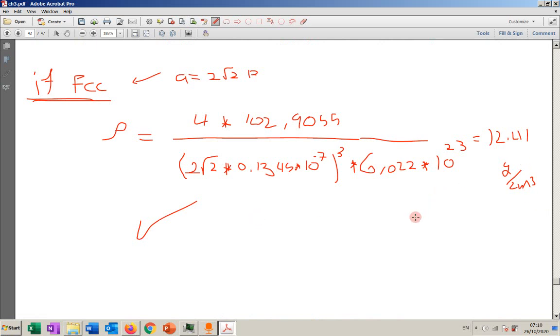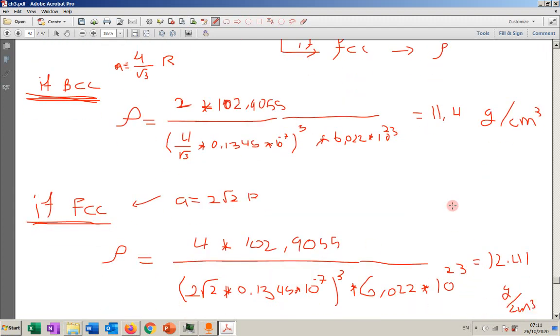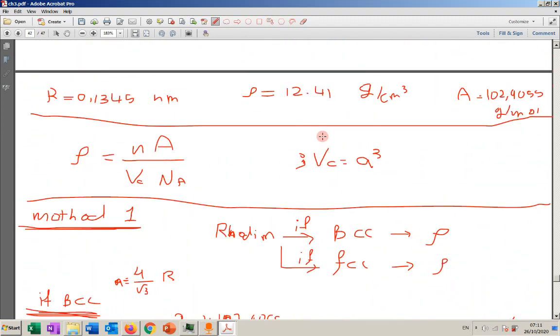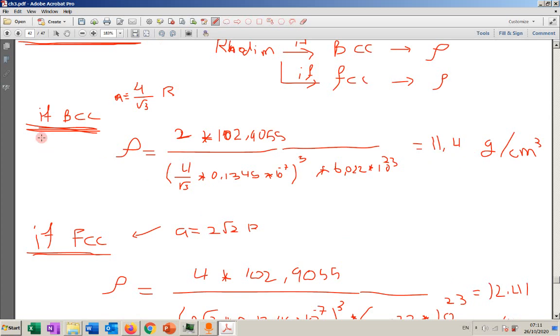This is the first method that we do. We will find density if rhodium is BCC. If it is FCC, one of the two densities will be equal to the given density, or the measured density which is given in the question. So 12.41, yes, we calculated here 11.4, so we know it's not BCC.